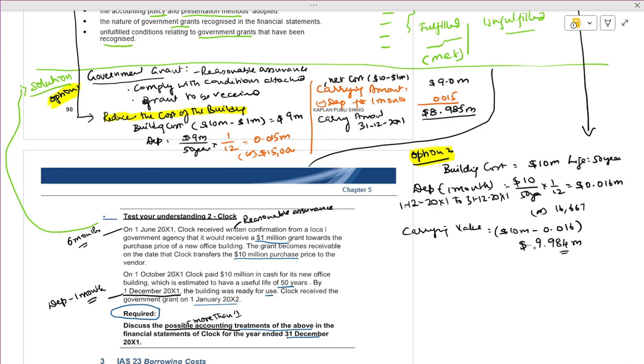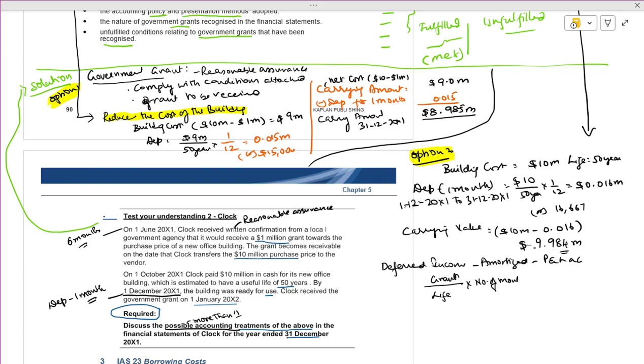Fine. Now, what is the deferred income? Deferred income should be amortized in the profit and loss account. How much do you have to amortize? Grant divided by life times number of months.